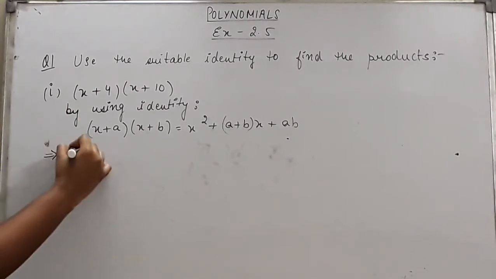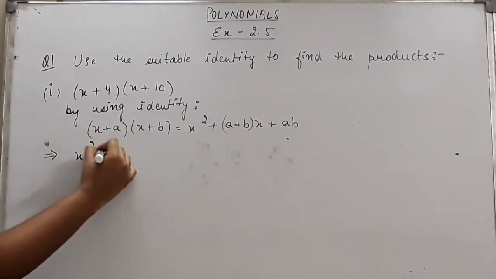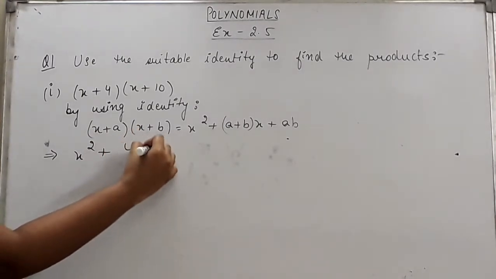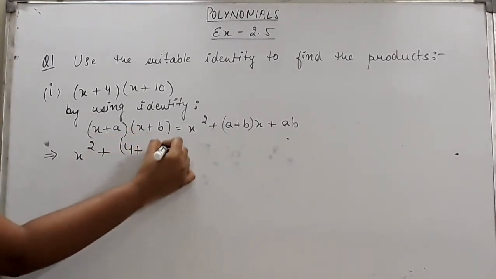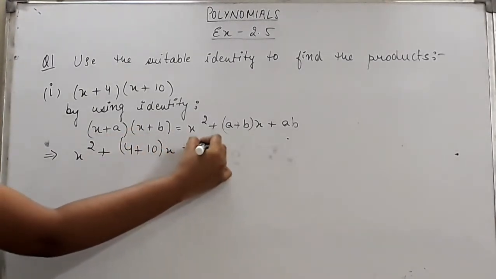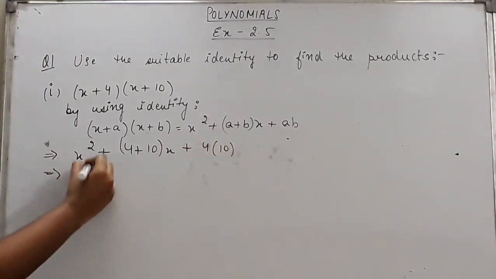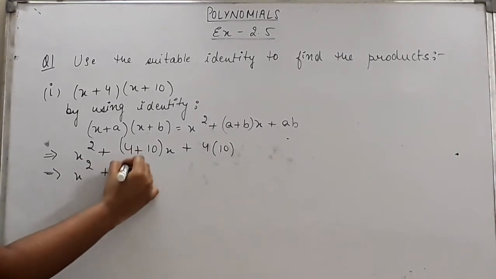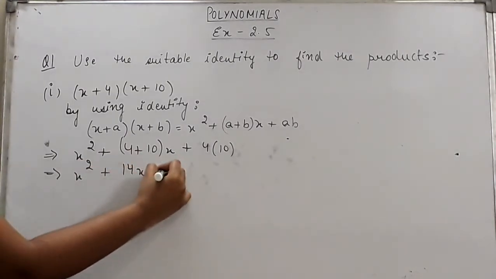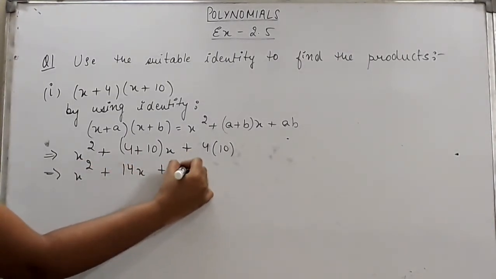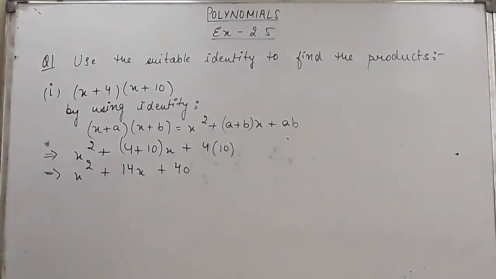Then let's solve it. x square plus (4 + 10) multiplied by x plus 4 multiplied by 10, which is x square plus 14x plus 40. This is your whole polynomial.